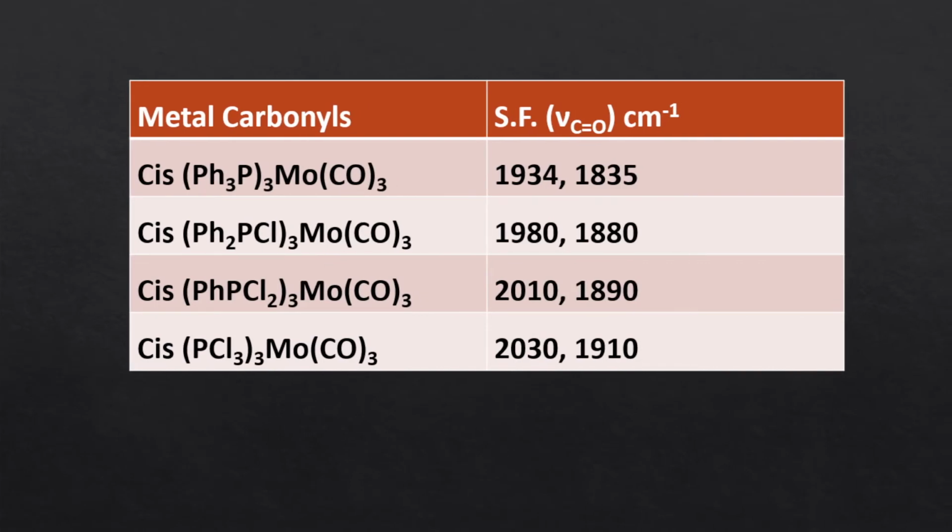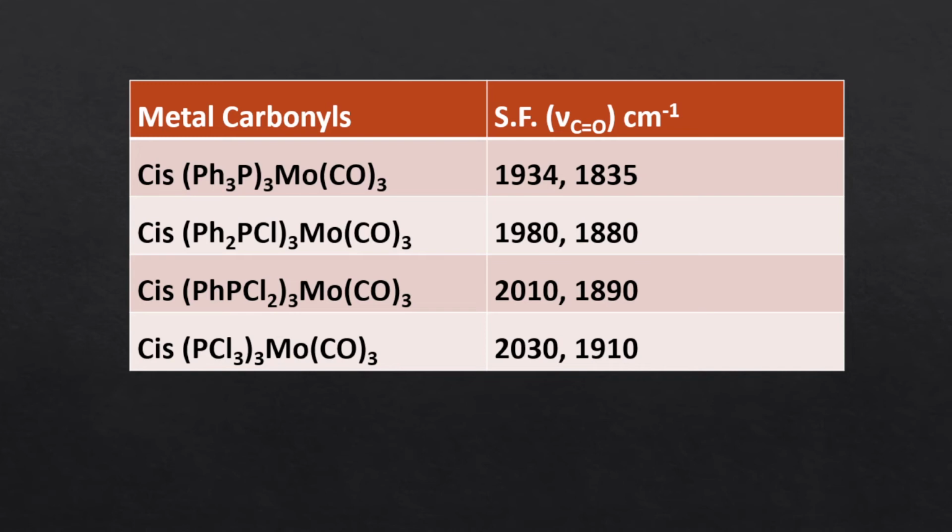This concept is also confirmed by comparing the frequency of carbonyl stretching vibration for a series of ligand 3 molybdenum 3 carbonyl complexes. Since trichlorophosphine is a stronger pi acid ligand, we observe the maximum stretching frequency of the carbon-oxygen bond in its complex.